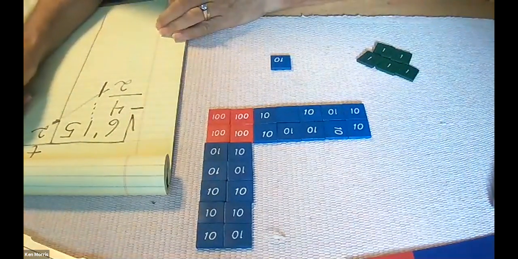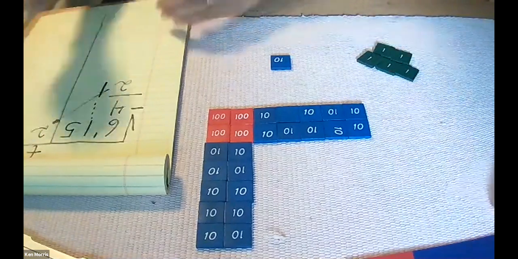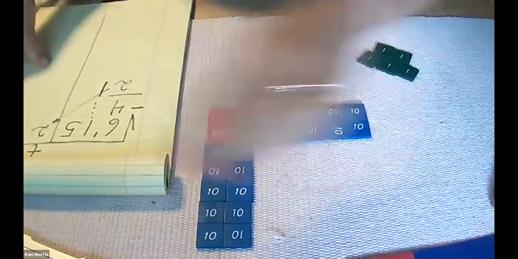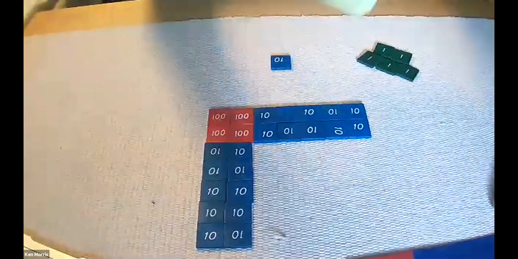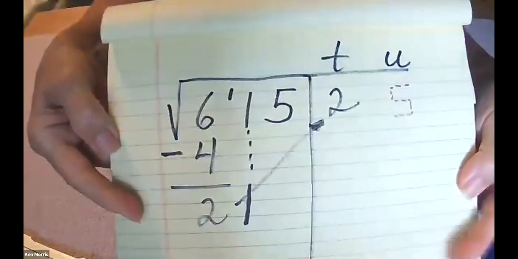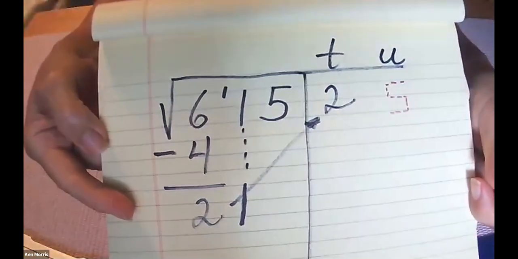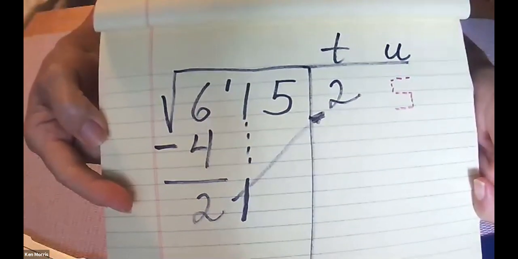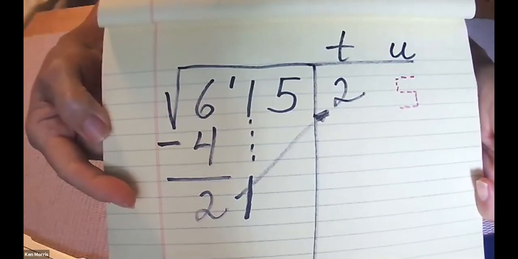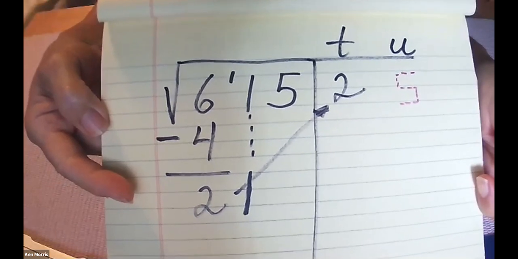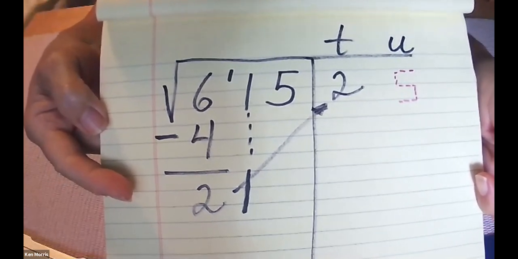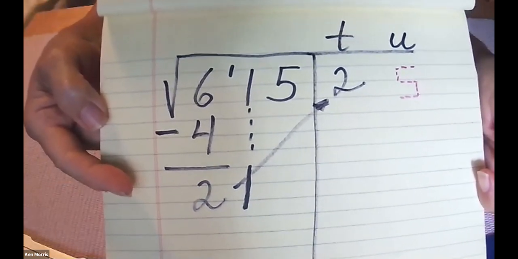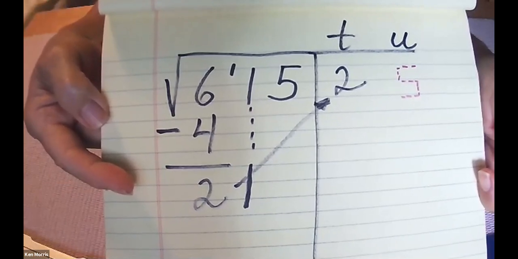And I'm actually going to write it really funny. I'll show you. I'm going to write it as a dotted 5. You guys could write it in pencil. And why am I doing that? Because I really don't know yet if 5 is going to be the answer in the units place. I don't know that until I confirm it.